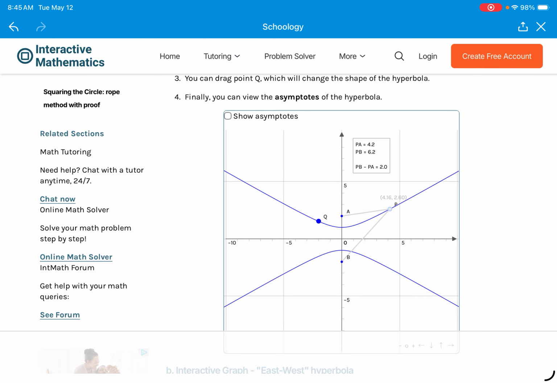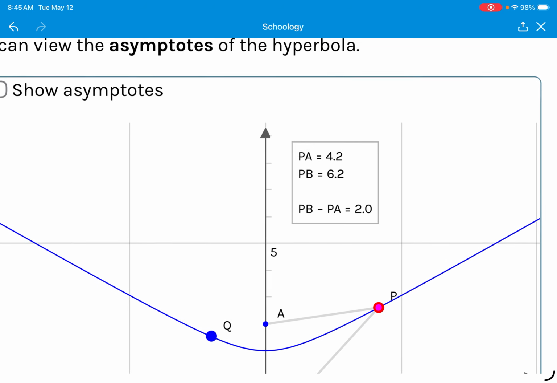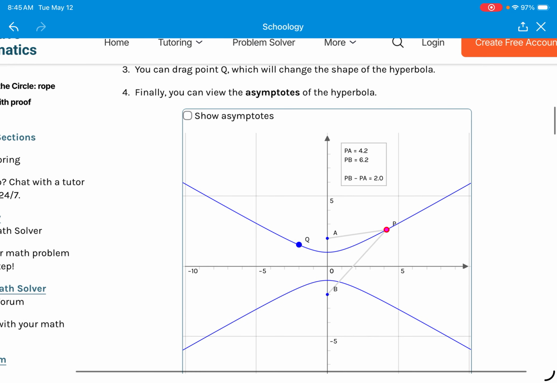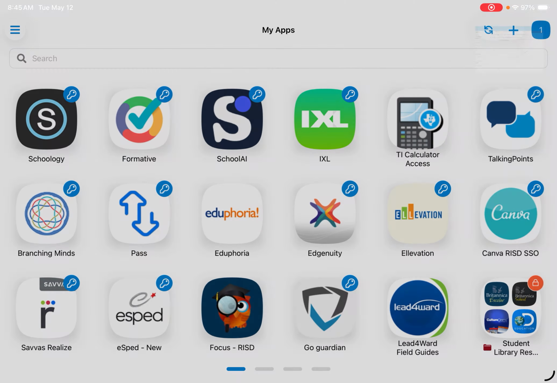In the little box right here, it says PB minus PA is 2, and that's true no matter where I go. If I take PB and subtract PA, the difference should be 2 no matter where I go, and you can see that's true all the way around.